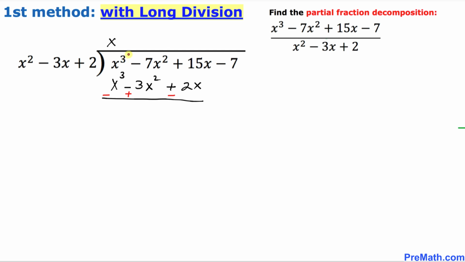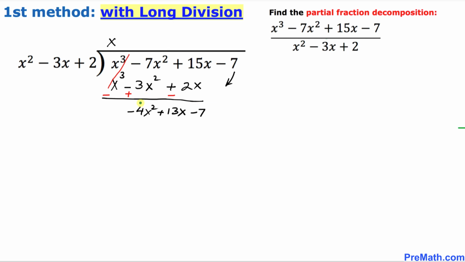Now we can see that this x power 3 and negative x power 3 are gone. So we are simply left with negative 4x squared plus 13x, and I am going to bring this negative 7 down over here.